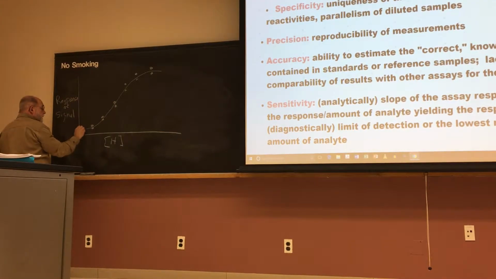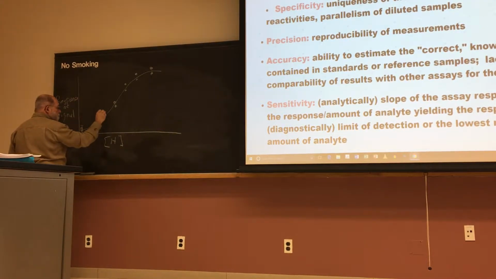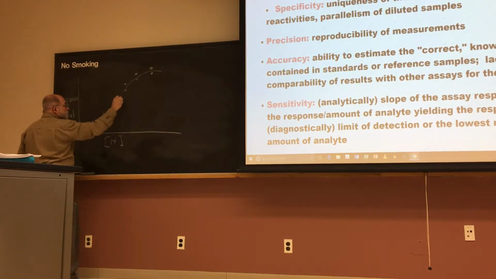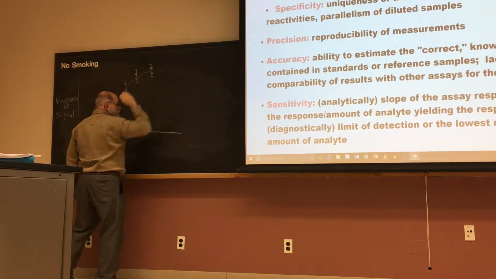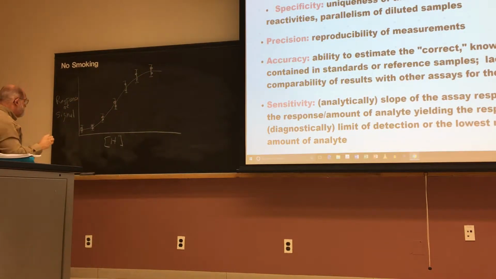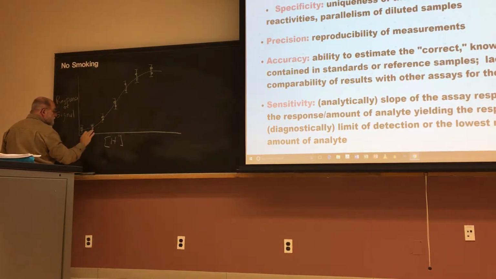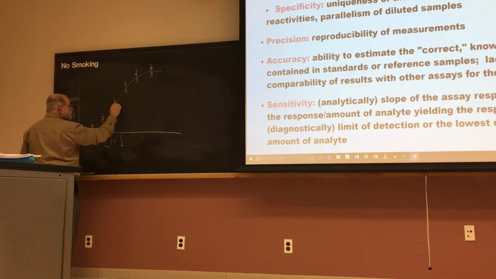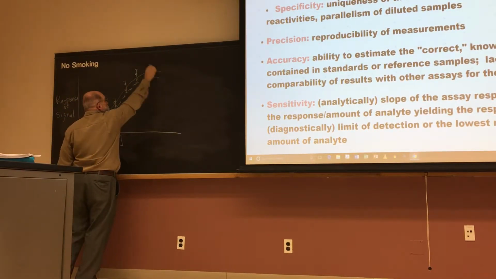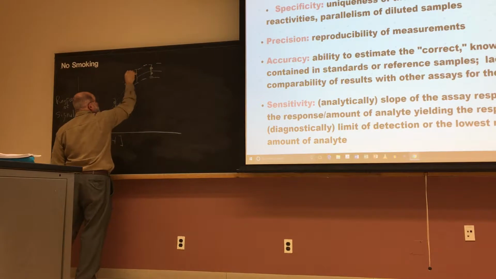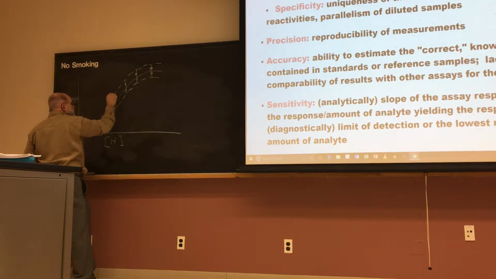If I were to draw error bars at each one of these, they'd look like this. If those error bars are drawn out to 2 standard deviations, or sometimes even 3, you get an envelope or an area on the curve that looks something like this, between the dashed lines.